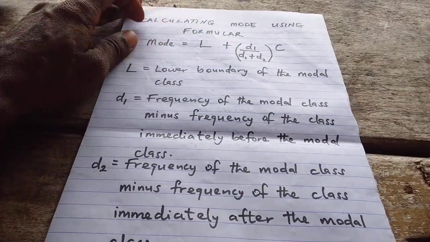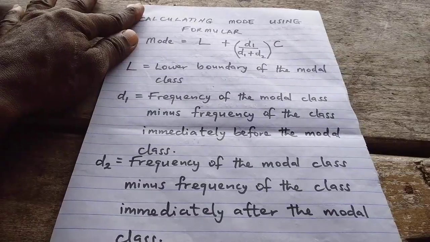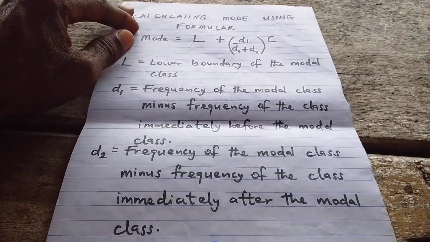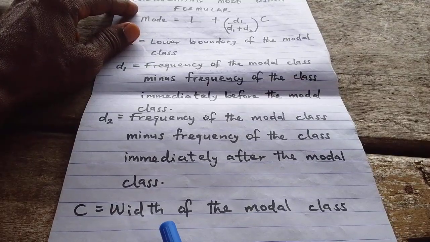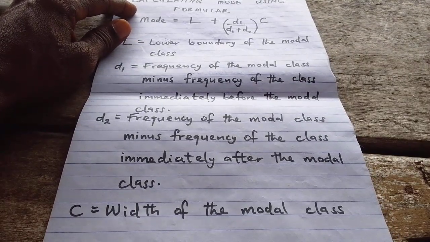D2 represents the frequency of the modal class minus the frequency of the class immediately after the modal class. C represents the width of the modal class.